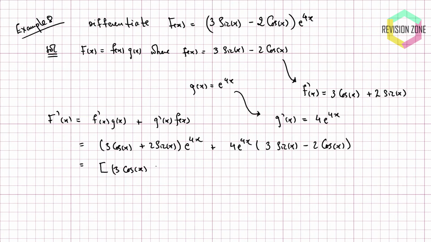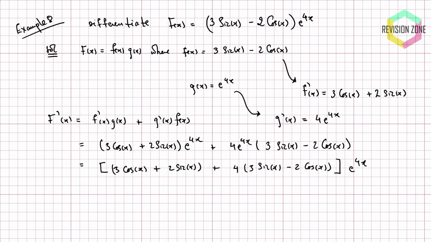So I'm going to write down the terms that I actually have: 3 sine of x minus 2 cos of x, and of course I'm going to take out an e to the 4x. So I've taken out, as I've said, this e to the 4x from both those things, so it's ended up here, and the first bracket is just there, and the second bracket is just there, and there was a 4 outside the second bracket, so that's just left there.